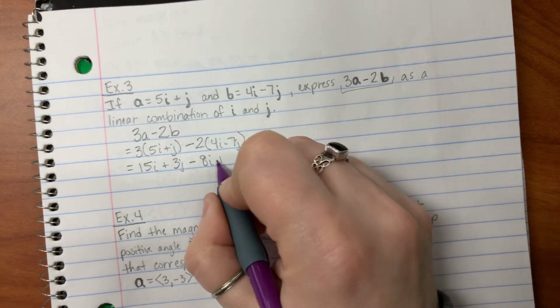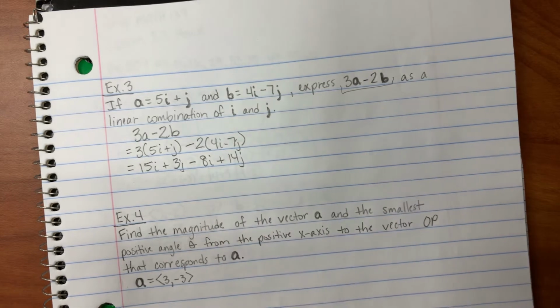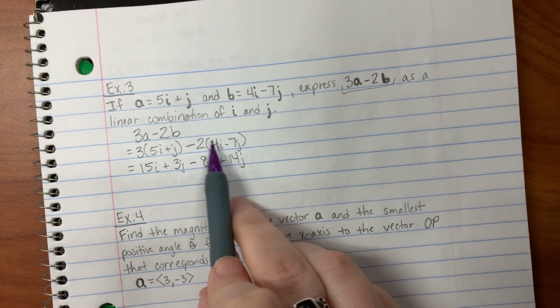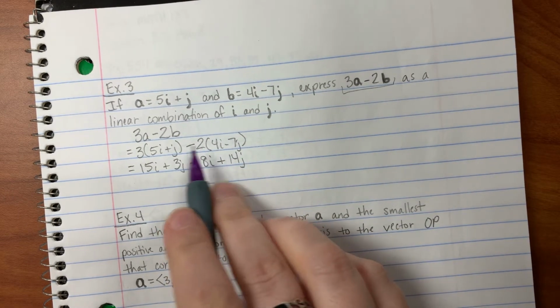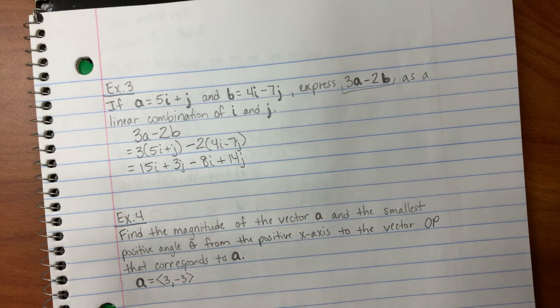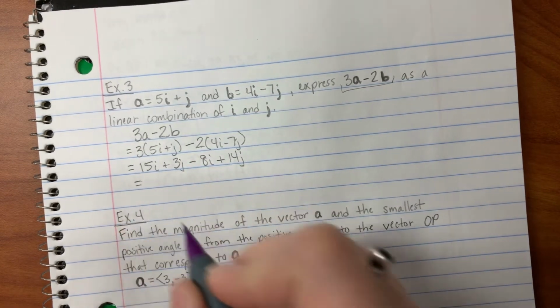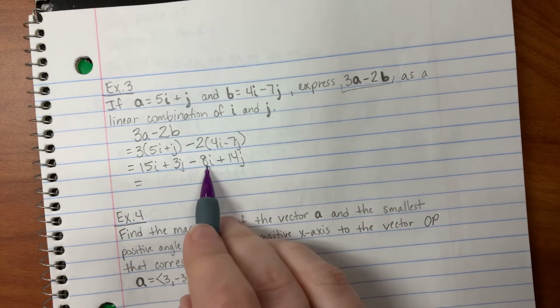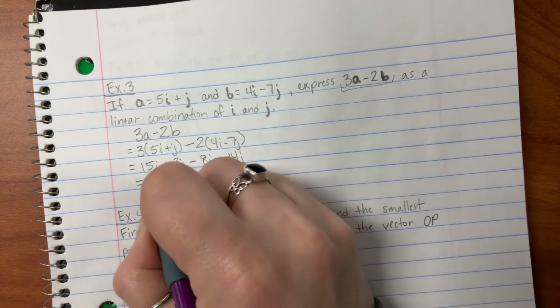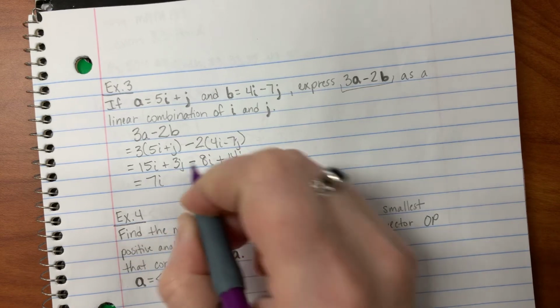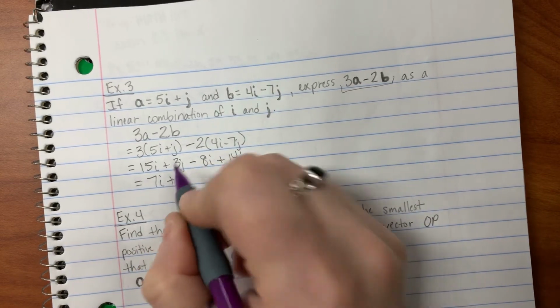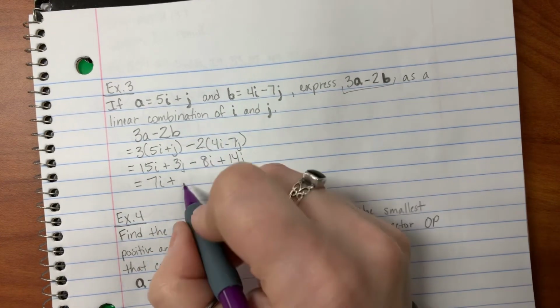I'm going to make that a plus 14j. If you wanted to, you could distribute just the 2 and then go back and subtract, like we did with the numbers, but I feel like it's easier just to do it like that. And then combine things that look alike. So 15 minus 8 would give me 7 i's. And then, let's see, that's going to be positive. A 3j and a 14j is 17j.